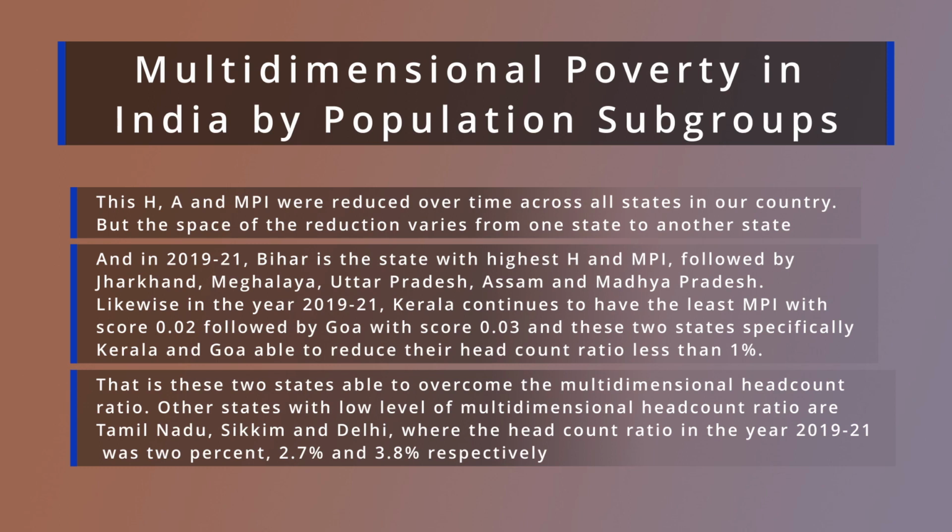Other states with low level of multidimensional headcount ratio are Tamil Nadu, Sikkim and Delhi, where the percentage share of headcount ratio in the year 2019-21 was 2%, 2.7% and 3.8% respectively.